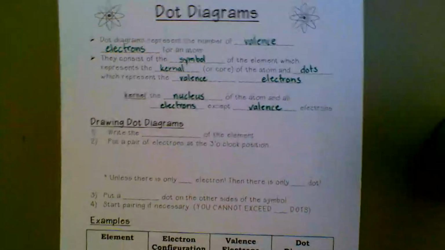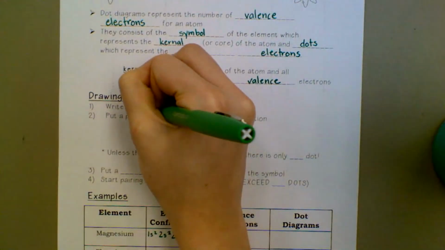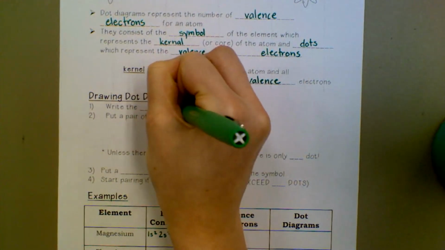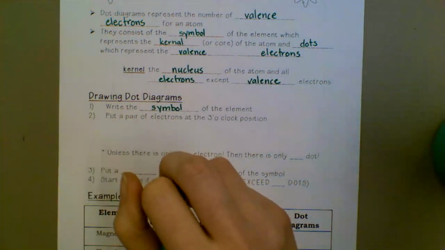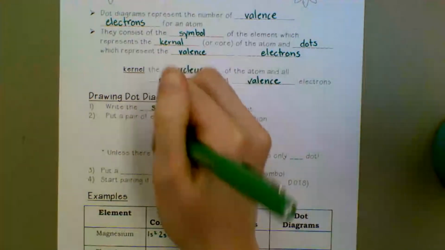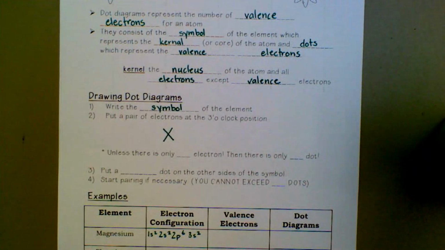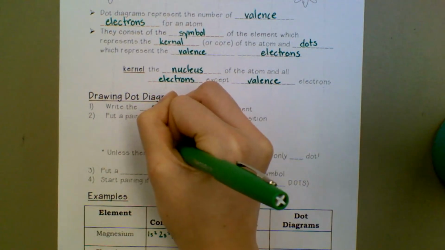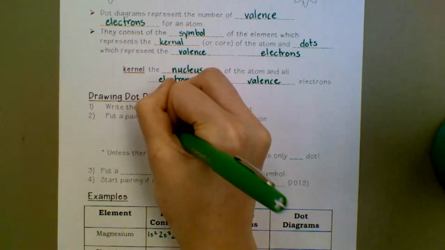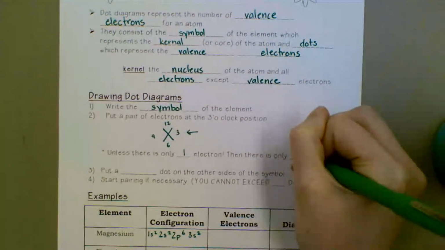So here are our steps. First, we are going to write the symbol of the element. And then we are going to put a pair of electrons at the 3 o'clock position first. So our symbol here, for example, is going to be X. And then I would put a pair of electrons at the 3 o'clock, 3, 6, 9, 12 position, unless there's only one electron and then there's only one dot.